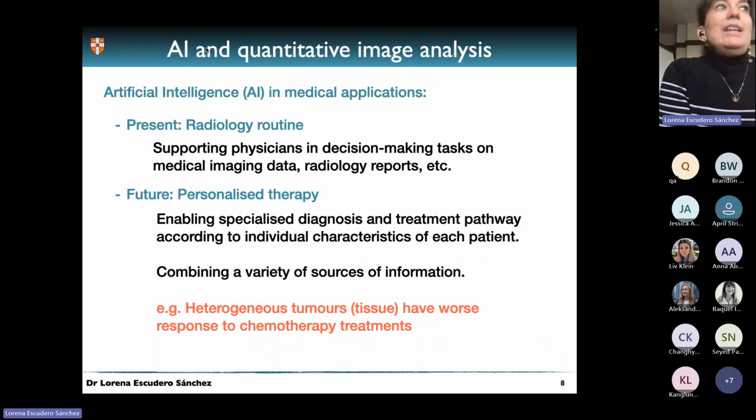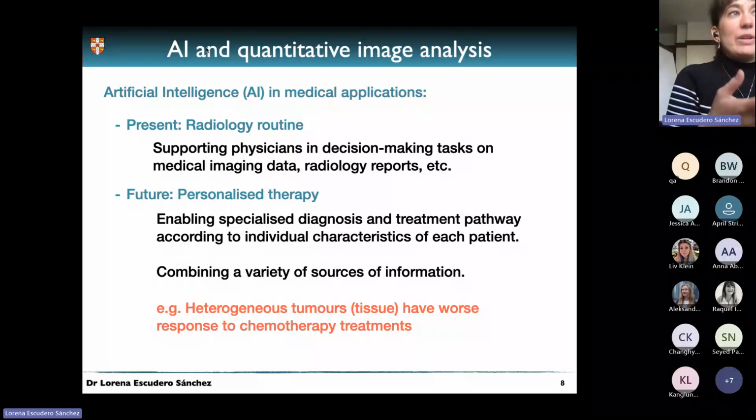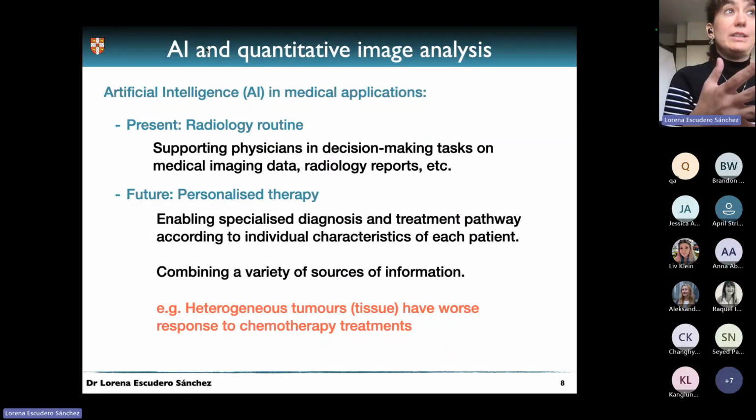Now, let's start thinking about AI and quantitative image analysis. We work on this because we want these tools to be present in the clinical setting. We want this to be used for patients, for real patients. And AI is getting its position and getting stronger and stronger in achieving this, in being present in the clinics.